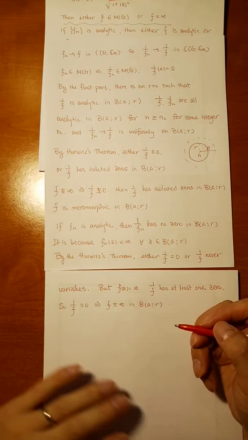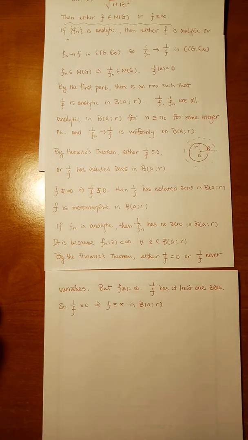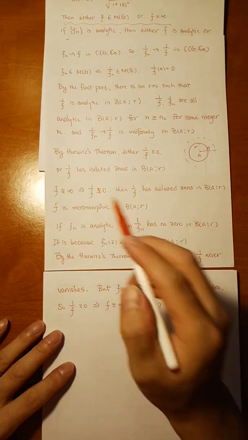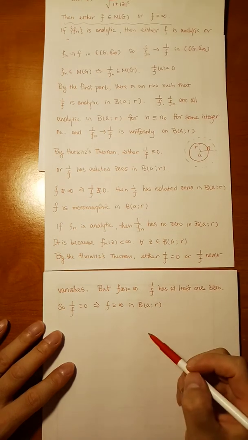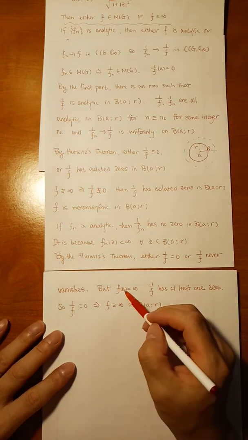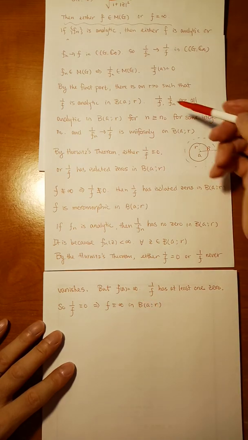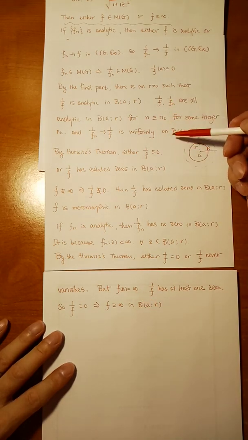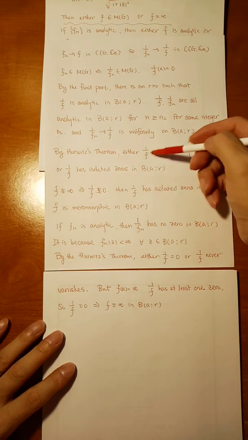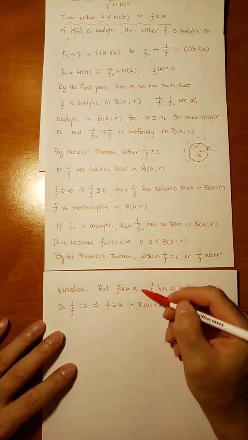Okay, so you see, if fa is infinity, then fn is analytic, then it will be constantly infinity. If fa is not infinity, then f is going to be analytic. Okay, f is analytic at every point, not infinity.